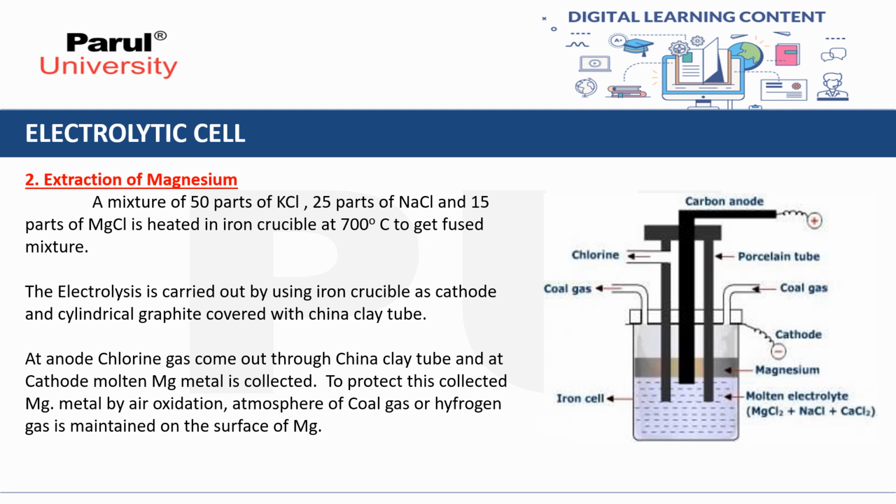At the anode, chlorine gas comes out through the china clay tube, and at the cathode, molten magnesium metal is collected. To protect this collected magnesium metal from air oxidation, an atmosphere of coal gas or hydrogen gas is maintained on the surface of the magnesium.